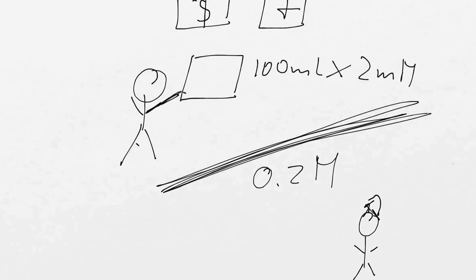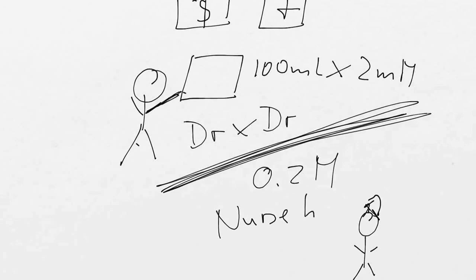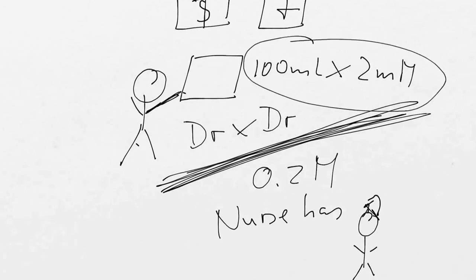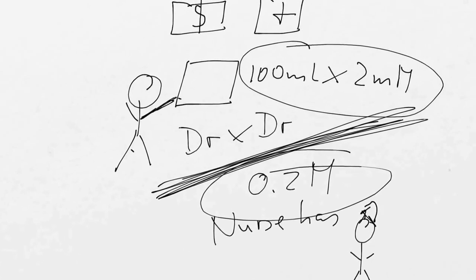So what you have here on top is doctor times doctor. That's what the doctor wants. And that is what the nurse has. So for me, it's doctor, doctor, and look at this nice counter here. This looks like a fraction, doesn't it? Doctor, doctor divided by nurse. That is what you sometimes hear me saying. This is the working solution divided by what I have as the stock solution.